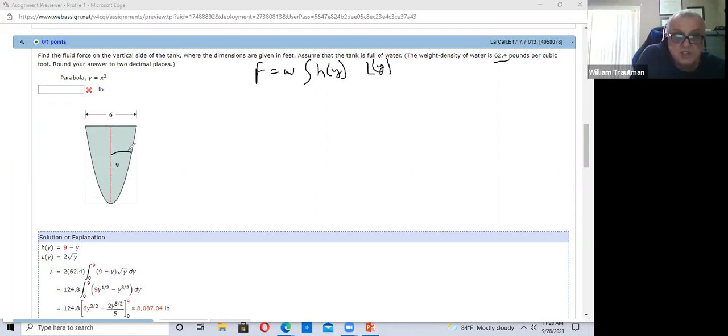L is the x value at any point. And do you see it's right down the center? So the x value should be doubled. Okay, so we'll find this x value, and then we have to double it because we want to find the entire distance across at any given point.